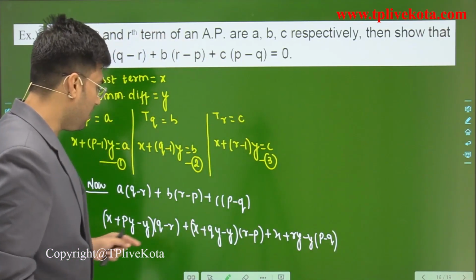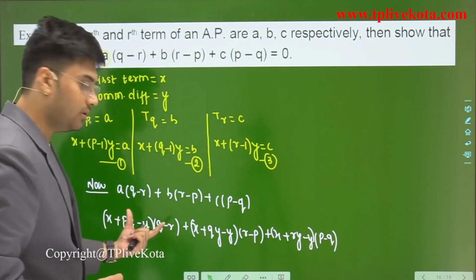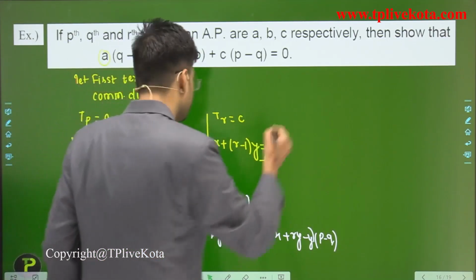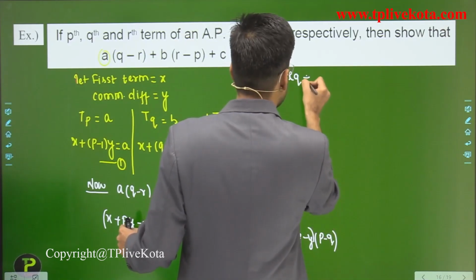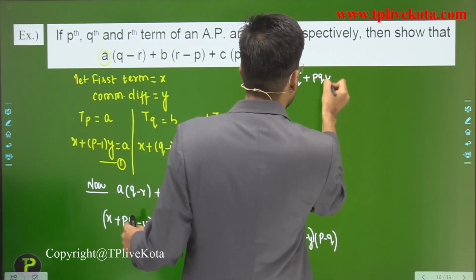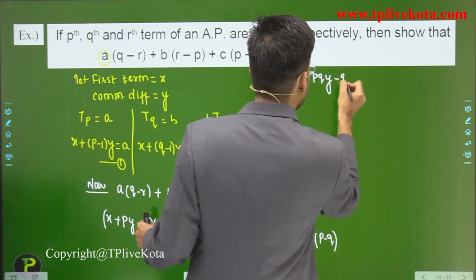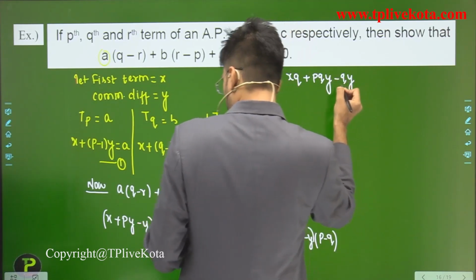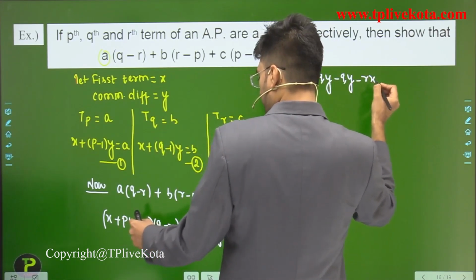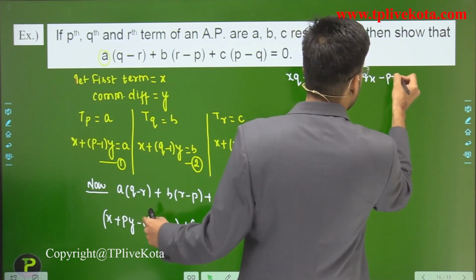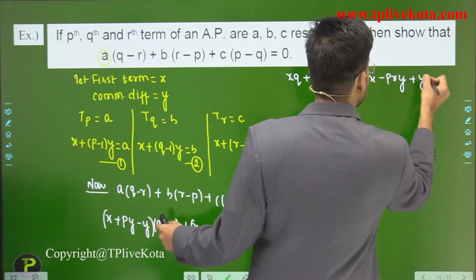Now students, we have to multiply these products. Let's solve these products. So it is xQ plus PQy minus Qy minus Qy minus Rx minus PRy minus PRy plus yR plus yR.